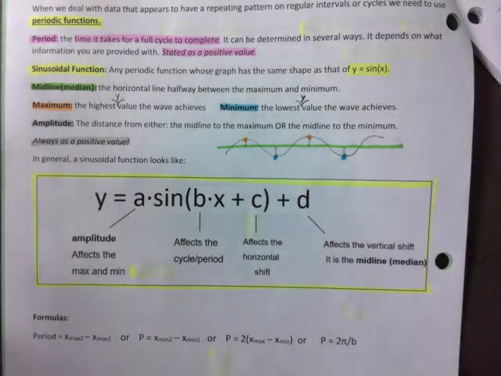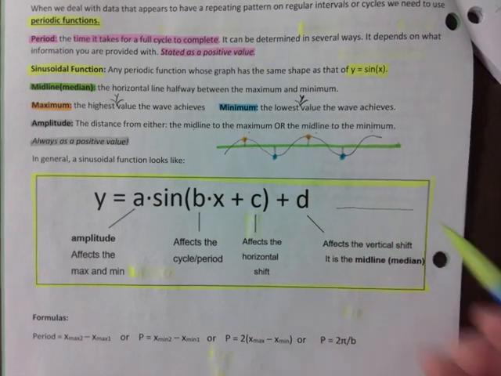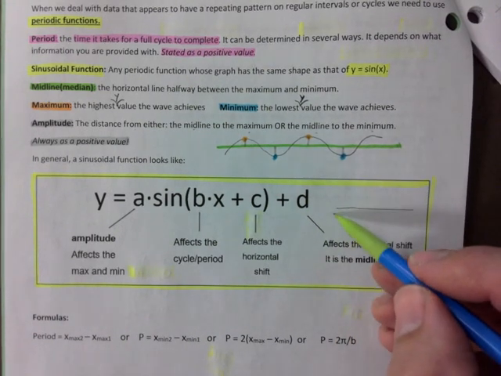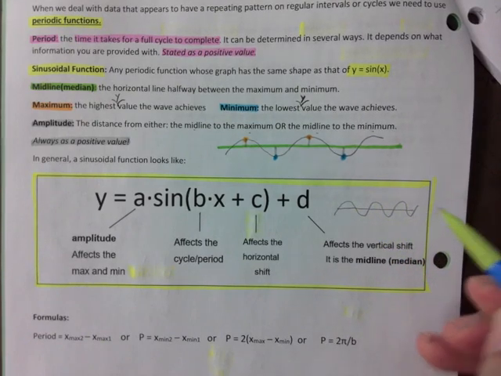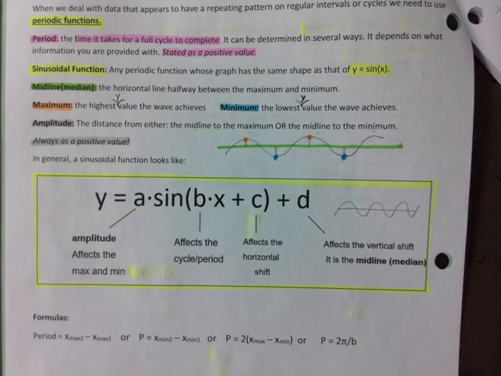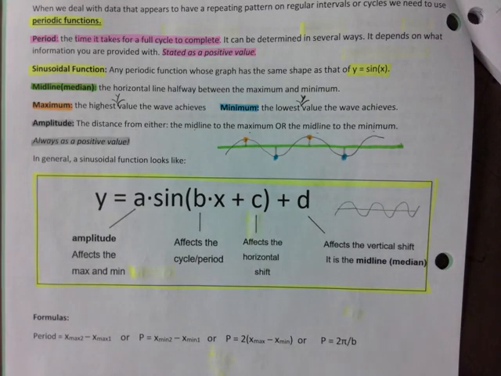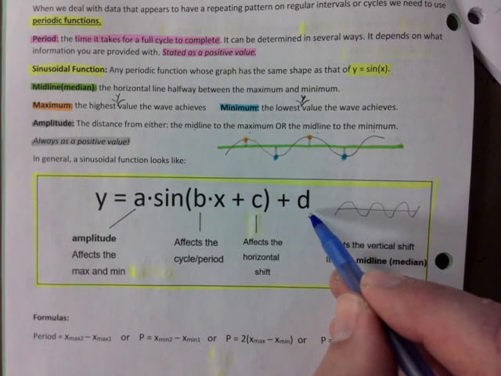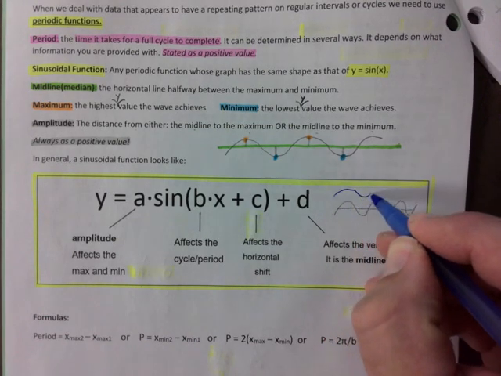So think of it this way. I'm going to talk about D here in a very concrete way. If this is your sine wave and that's the original midline, if you increase D, if you make this bigger, your whole thing would actually be higher up.